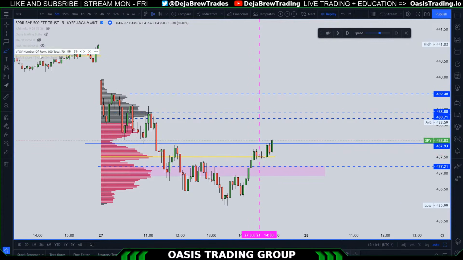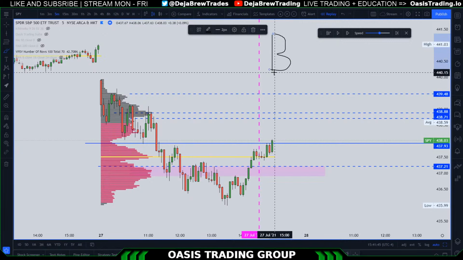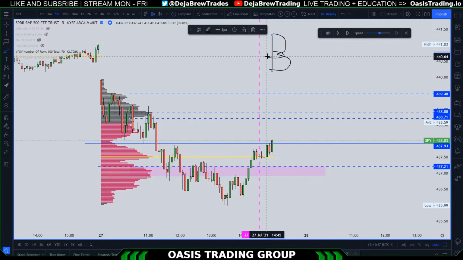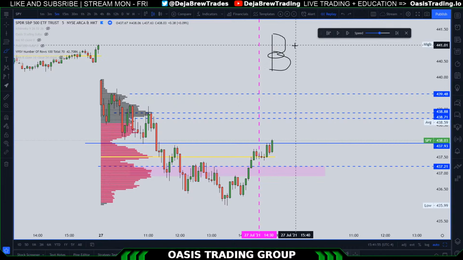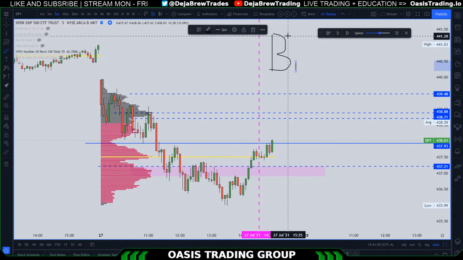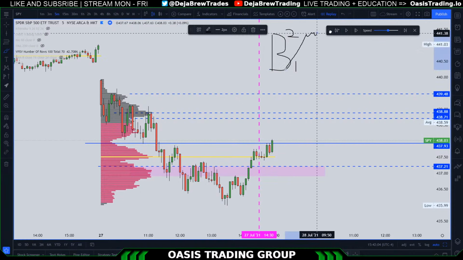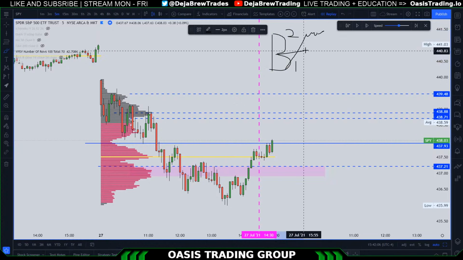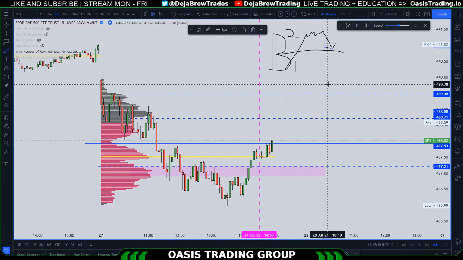One more thing that I want to go over. With the capital Bs, they always create a little void in the middle. They create a gap in the middle. In this gap, depending on where your second node is, it will tend to draw price towards it. So if this was the first node and this was the second node and price is doing something like this, that little gap in the middle will tend to draw price towards that gap.